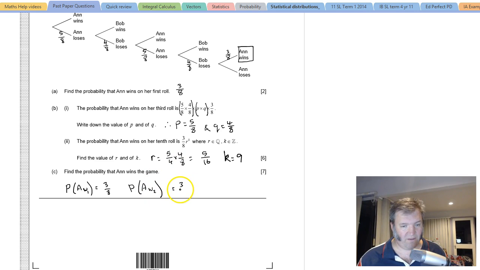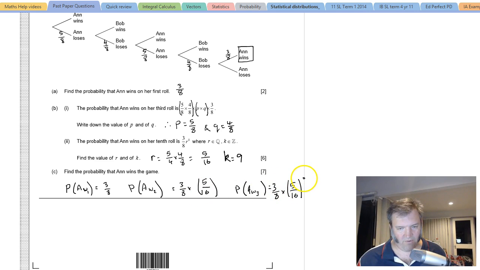It was 3/8 multiplied by this number of 5/16. The probability that Anne wins on her third roll, some of you have seen it already, others are just about to see it. This is going to be 3/8 by 5/16, and that would have to happen twice, etc., etc.